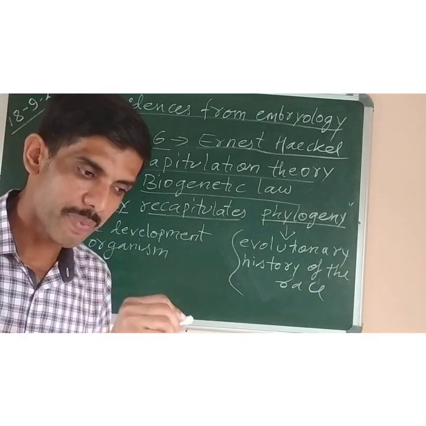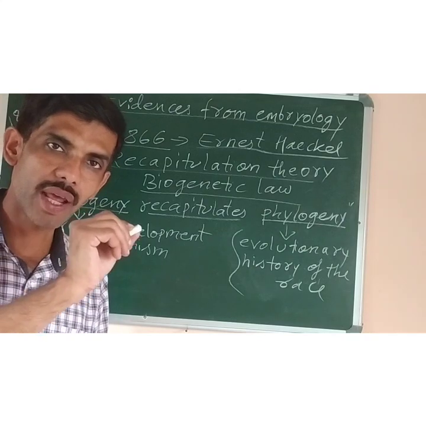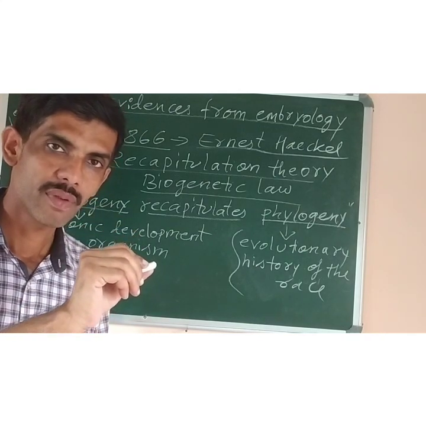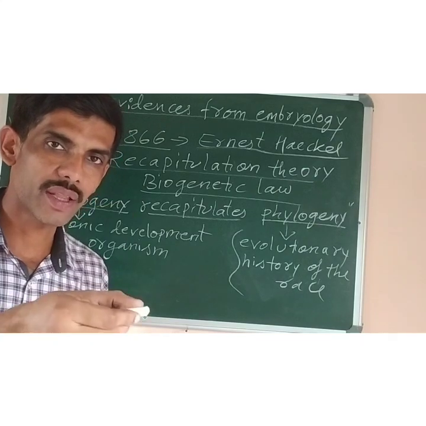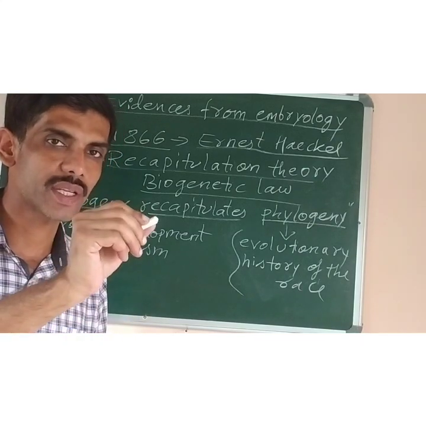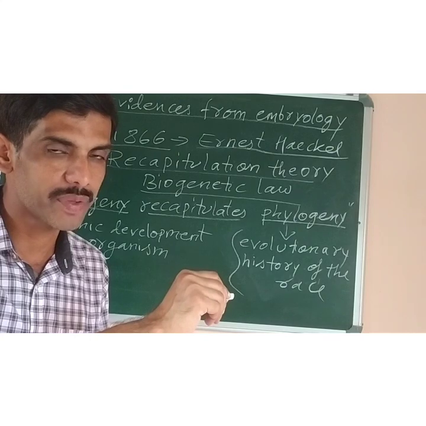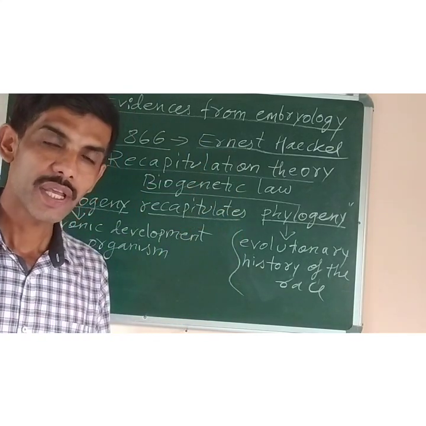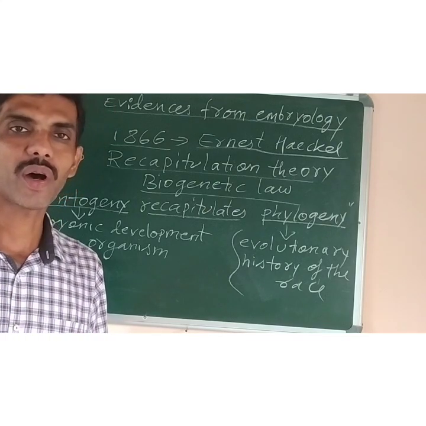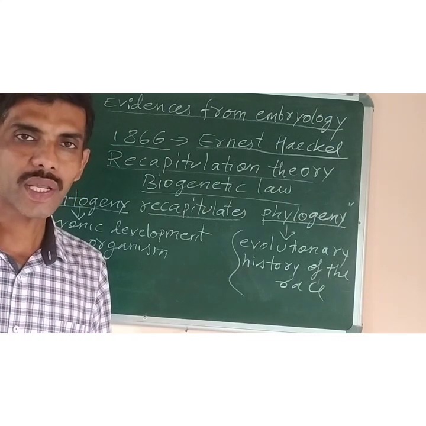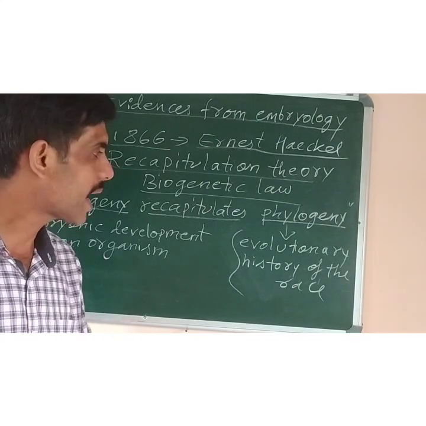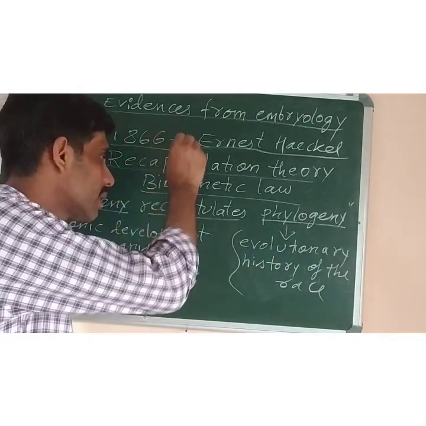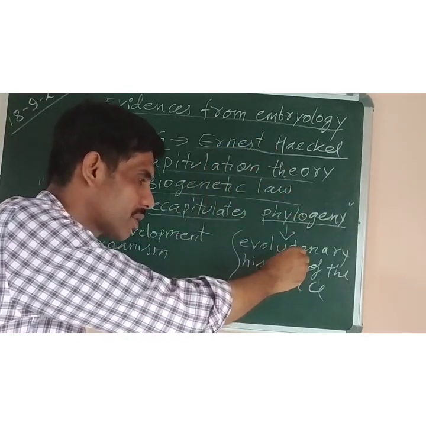Parents were there, so how their embryo developed when they were in the embryonic form, when their children were formed, again those children in their embryonic stage repeated the same condition of their parents, and their parents repeated the same condition of their parents. In this way, the development of the organism is repeated again and again at the embryonic level. Got it now? So ontogeny recapitulates, means repeats, phylogeny.